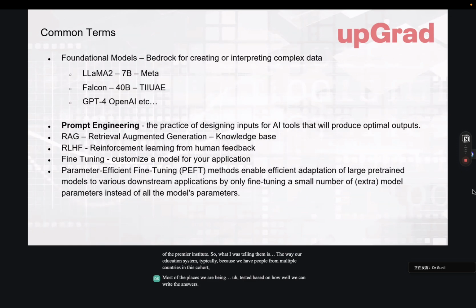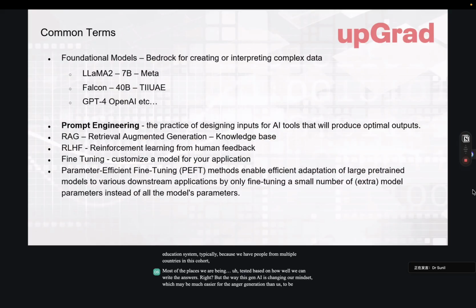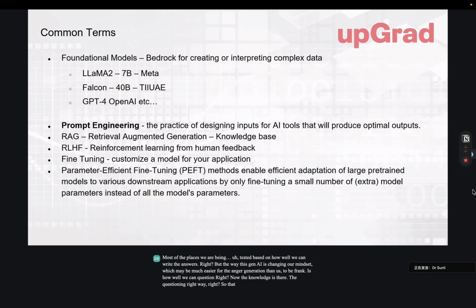But the way Gen AI is changing our mindset, which may be much easier for the younger generation than for us, to be frank, is how well we can question. The knowledge is there; it is about questioning the right way so that we get the right answers. That's what prompt engineering means in simple layman's words.